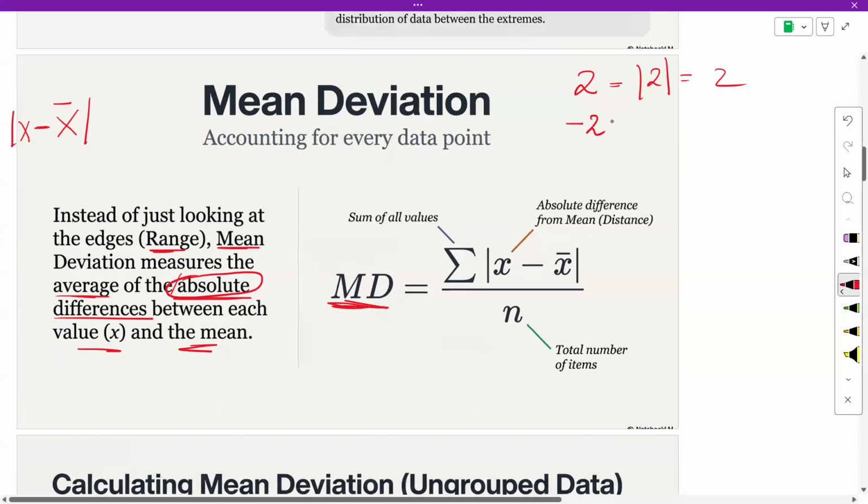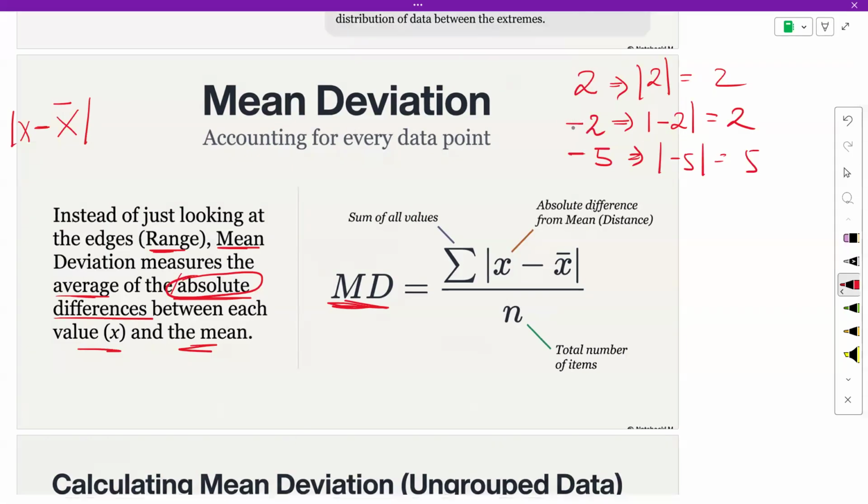The absolute value of minus 2 is 2, and the absolute value of minus 5 is 5. So absolute value means we are ignoring the sign of the value. Regardless of the sign, we take the full number.